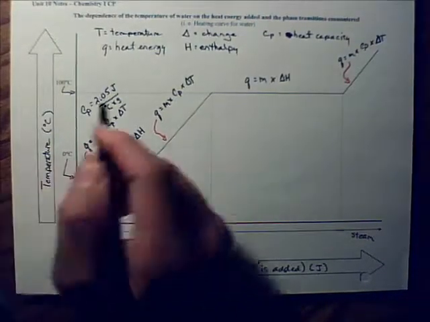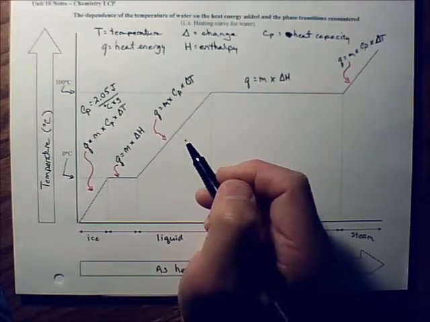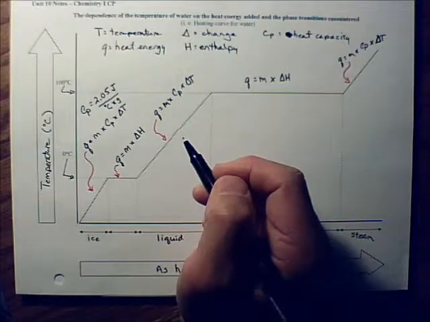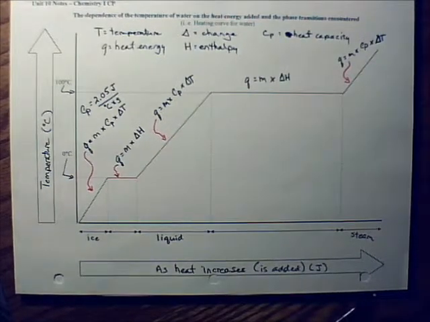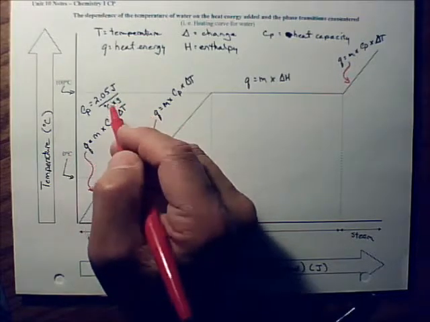Is that a times? Yep, times. I could use the dot instead, that's fine. What is it multiplied by? Times what? G for grams.